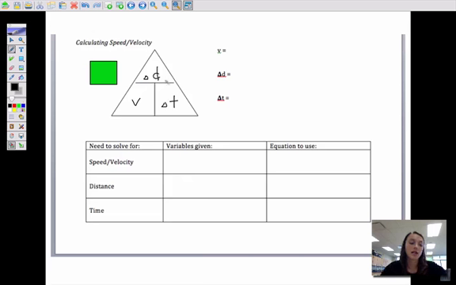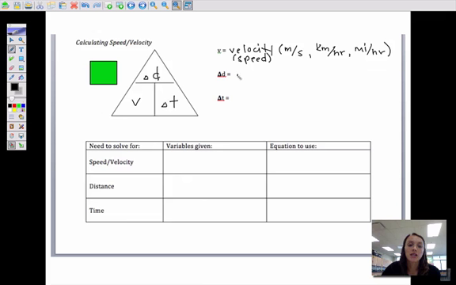Well, what does all this mean? Well, V stands for velocity, or speed. It's the same mathematically. We just have to remember that velocity has a direction while speed does not. And they're typically in units of meters per second, kilometers per hour, or in the English world, miles per hour is a really familiar one.